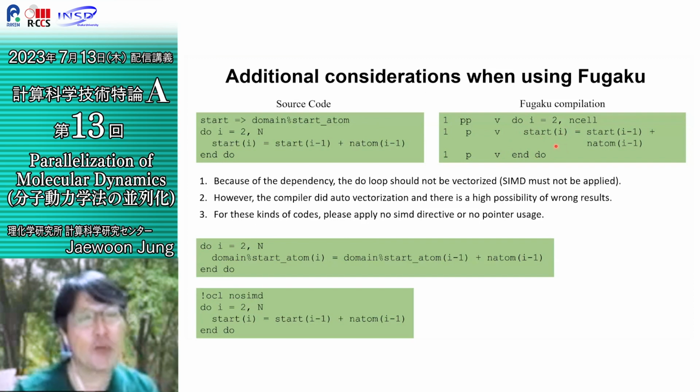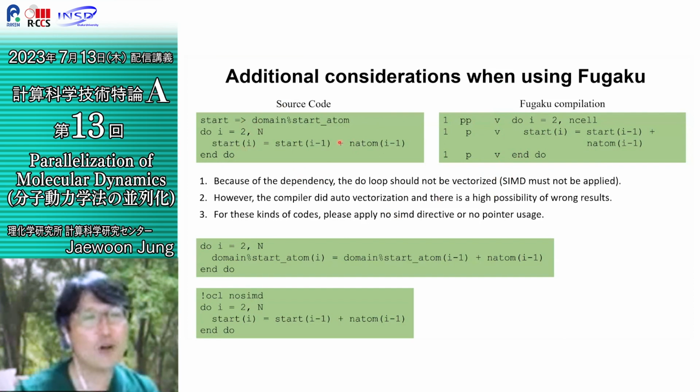SIMD can be applied when there is no dependency over these i indices. But sometimes Fugaku compiles with vectorization even though there is such a relationship. So in this case, you should be very careful. If you just write the code in this way and compile on Fugaku, the result will be wrong. In some cases, you need to check if it is vectorized by checking the compile log. And if it is vectorized, then you need to check that there is no dependency.